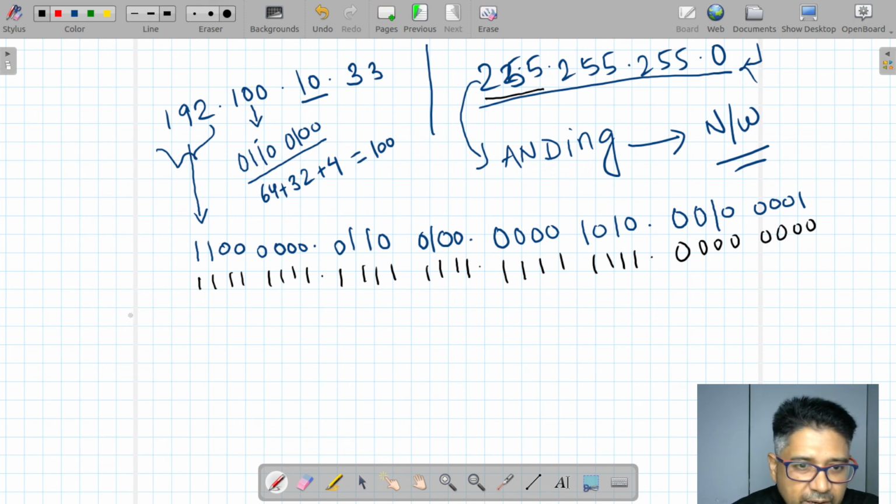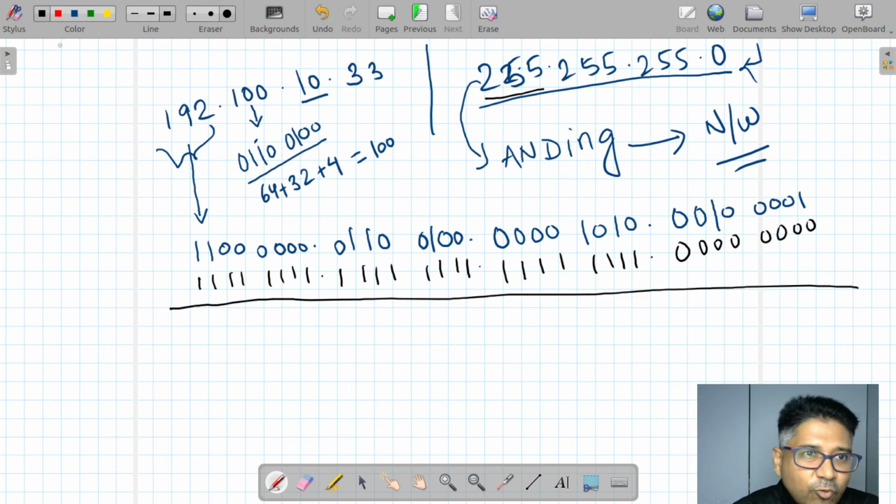Okay. So let's do the AND with this and let's see what is the result. So 1 and 1 will be 1. If any 0 is there, it will give 0, right?